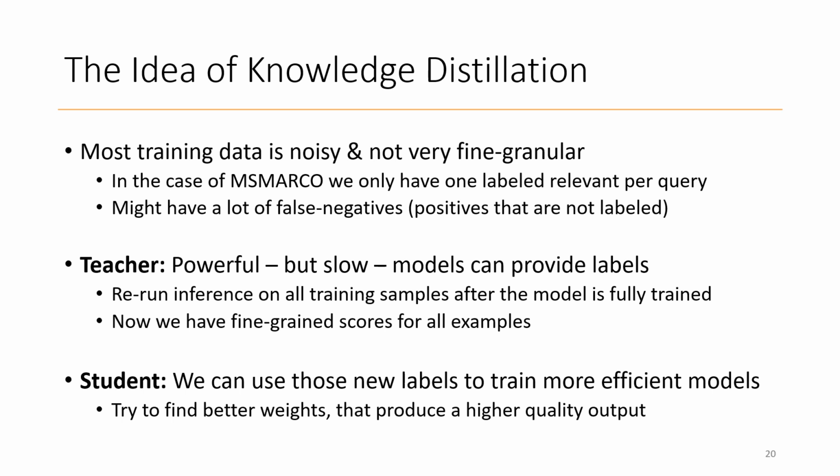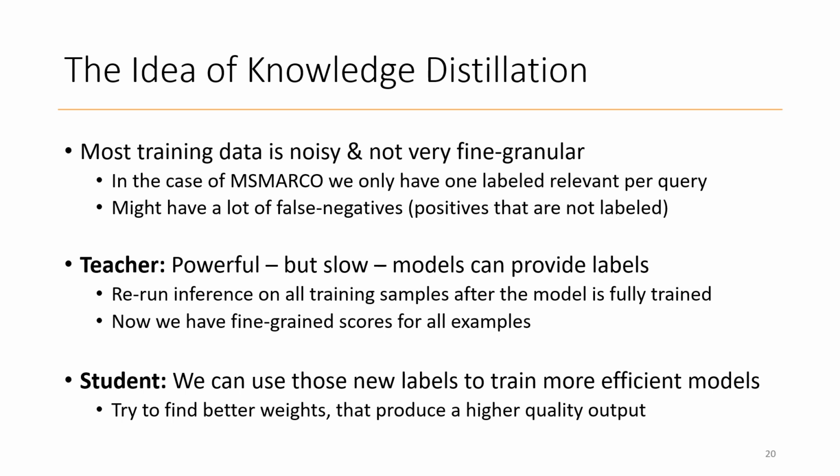And in knowledge distillation, we have two types of models. First is a teacher, which is a powerful but slow model which can provide labels for us. And for that, we can rerun inference on all training samples after the model is fully trained. Now we have fine-grained scores for all examples.